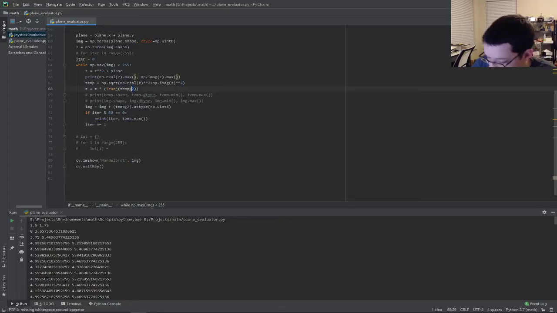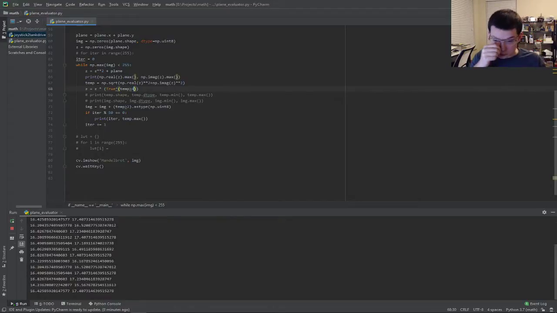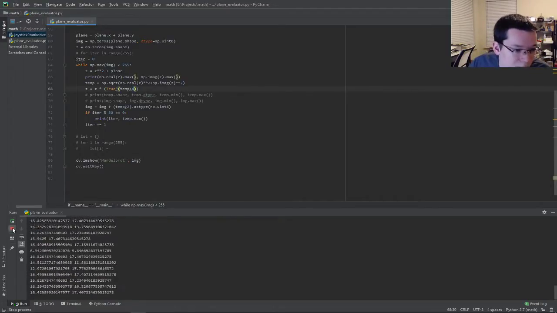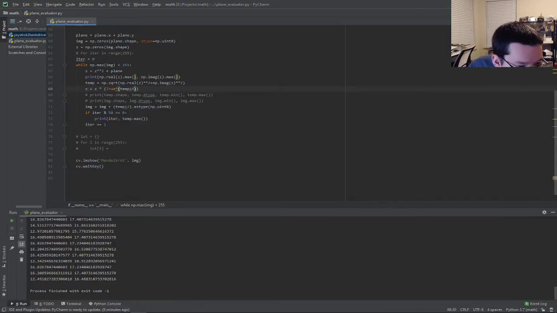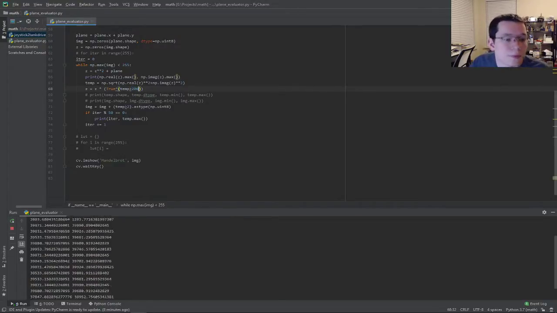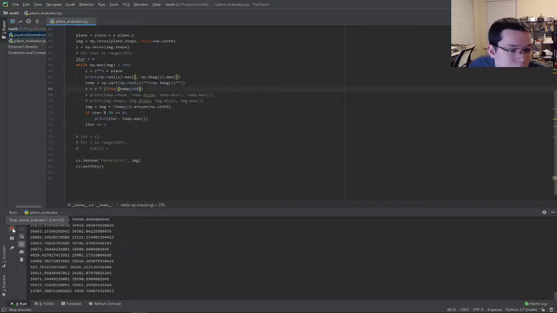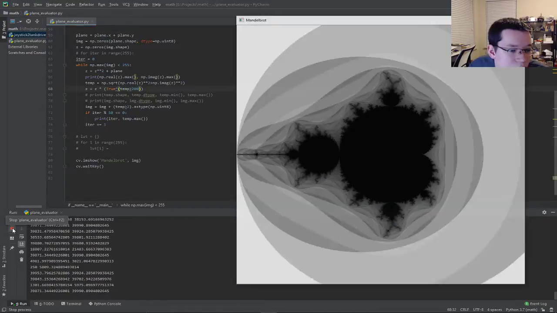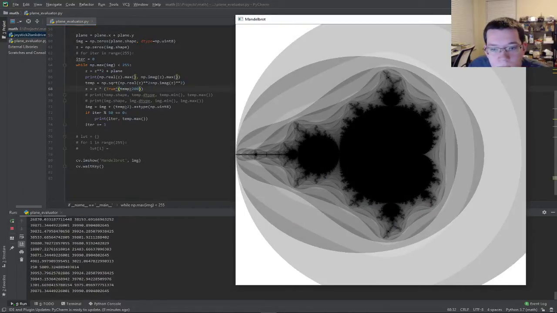If I change that to a 4. Stop. So now you can see we're starting to get more details in there, and I think that's because I'm raising this limit.